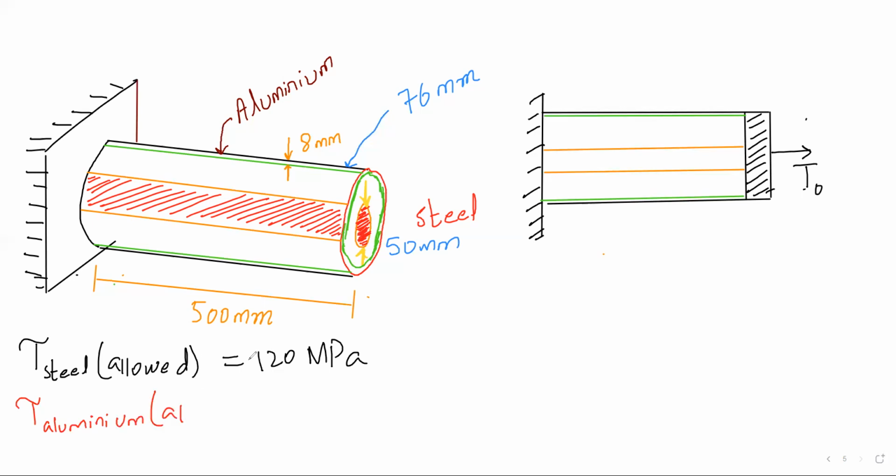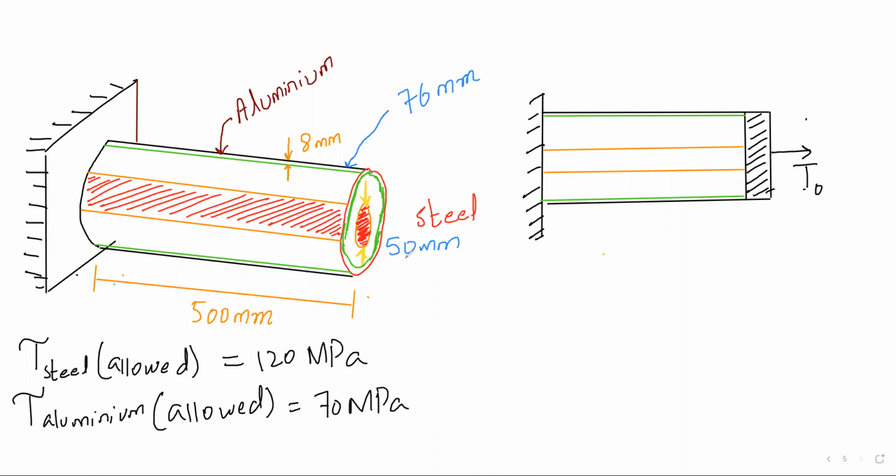Let me use the same color. Shear stress of aluminium. Again, it is allowed equal to 70 megapascals.